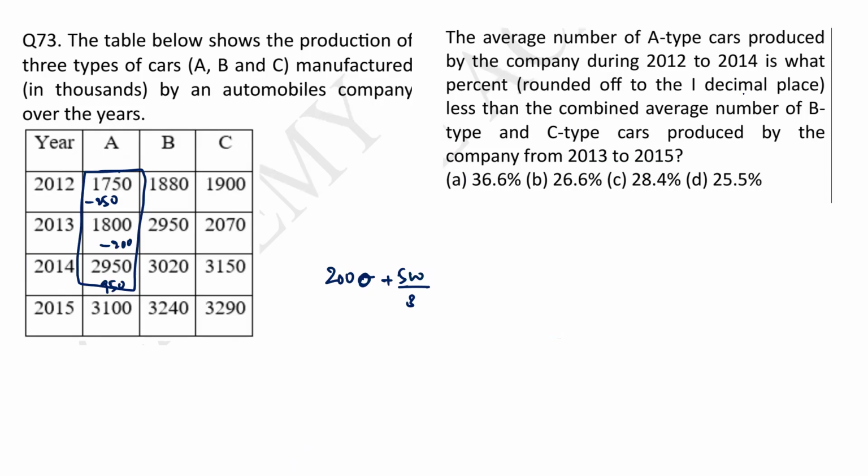Okay. What percentage less is this than the combined average of B-type cars and C-type cars produced in the company from 2013 to 15? 13 to 15, you take it. You take 3000. First one is minus 50. Minus 930. It is 20. It is 150. It is 240. It is 290.